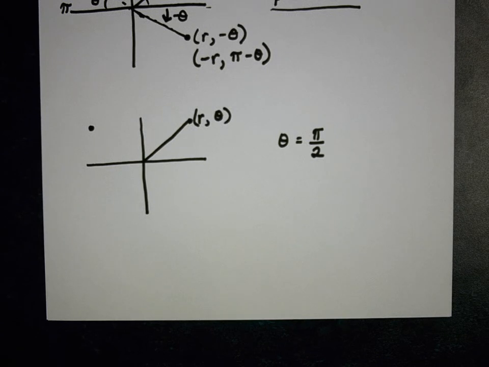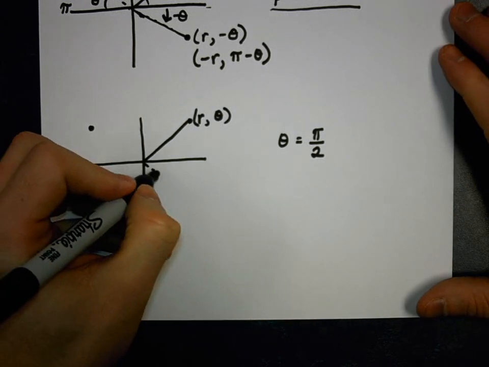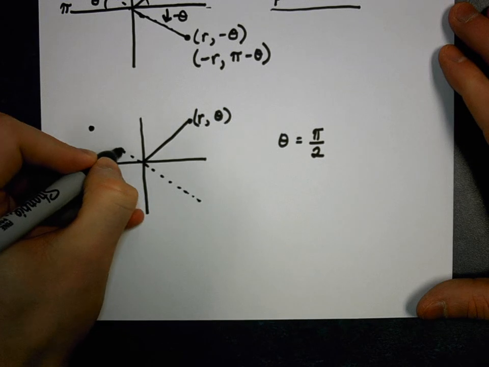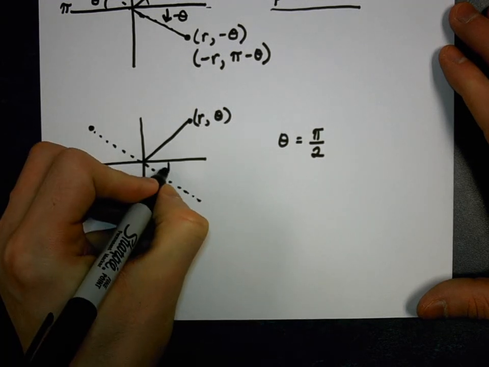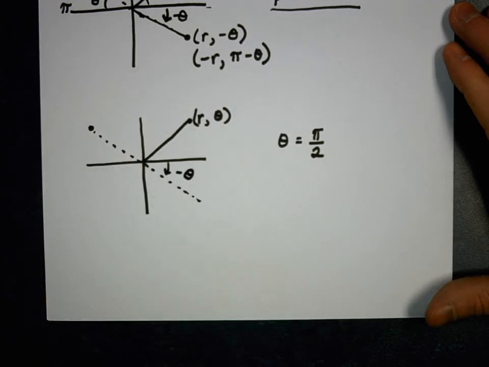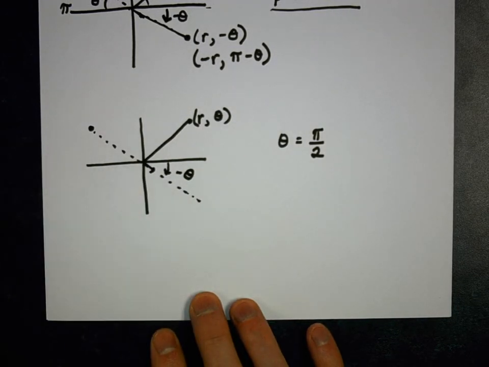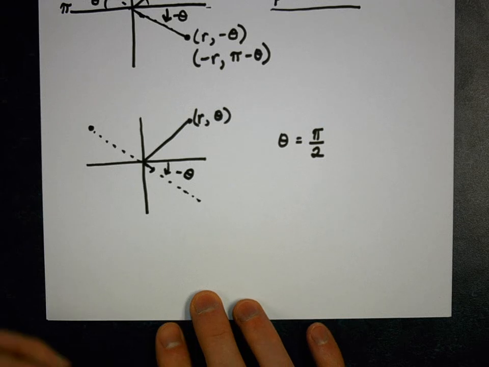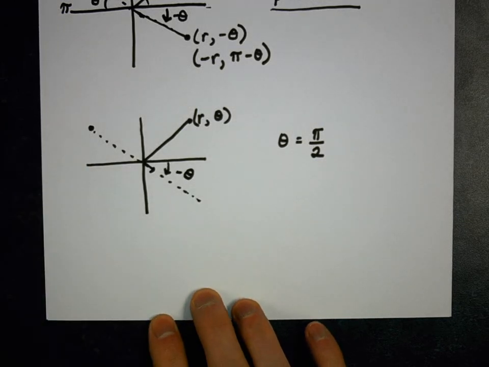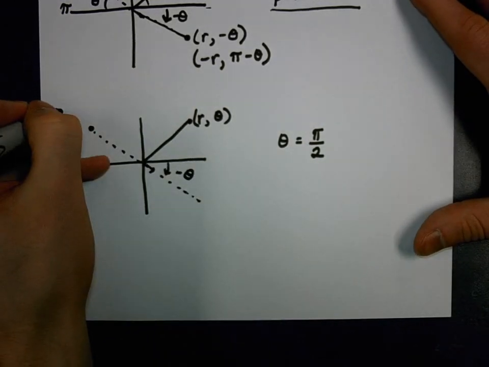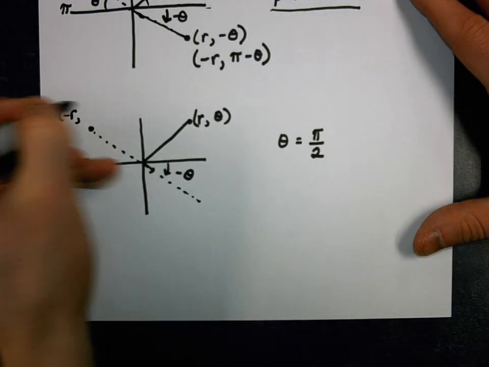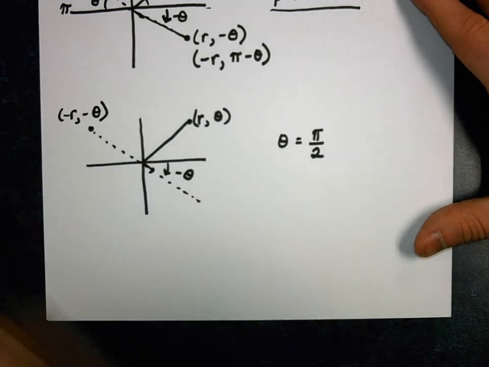First thing is, let's go down here. If I put my angle in that direction, I've got a negative theta. So I'm facing this direction with the negative theta measurement. For me to get back to this r value, I've got to go backwards. So this ordered pair would be (-r, -theta).